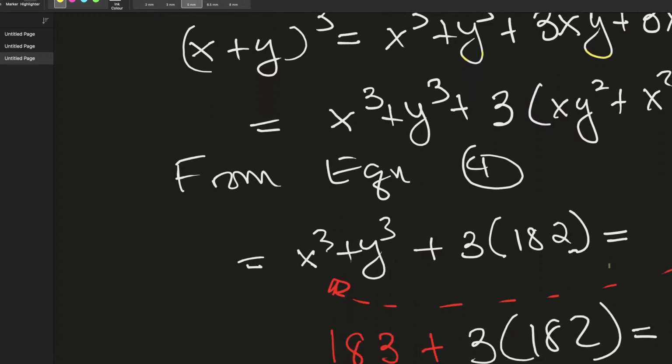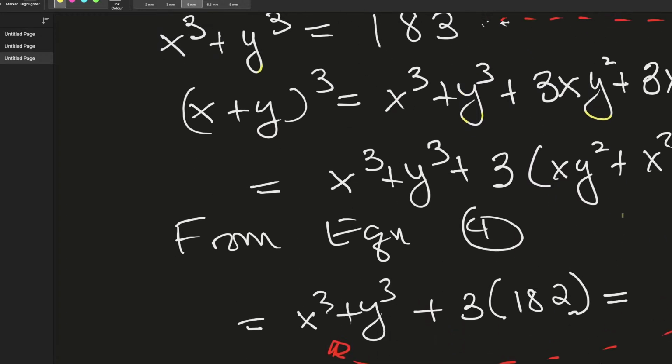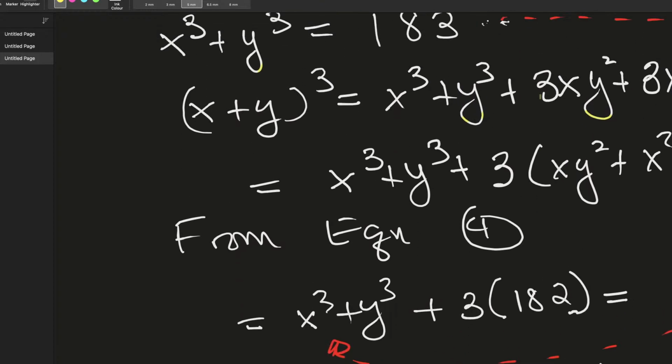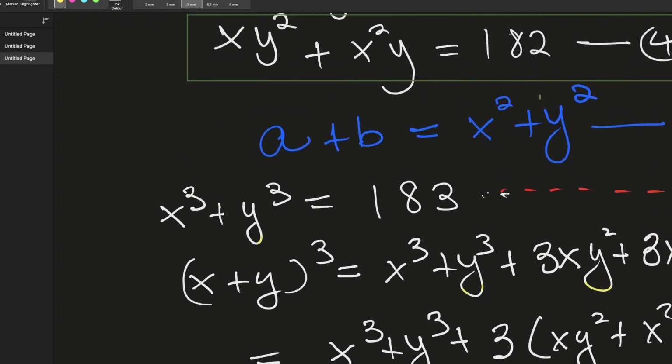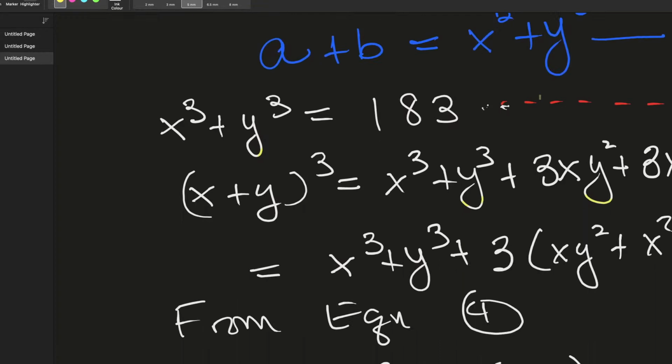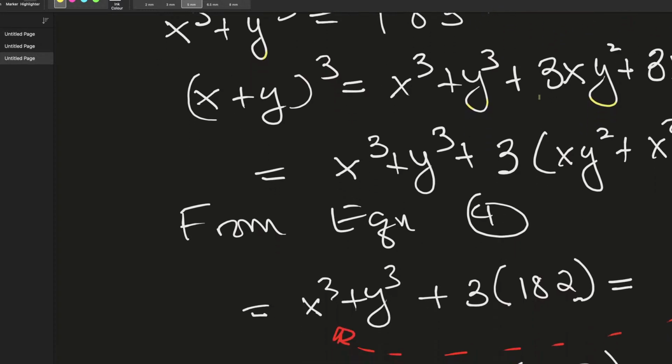So by substitution, from x cubed plus y cubed, we go to 183. And so when I put this into the equation, I get that.